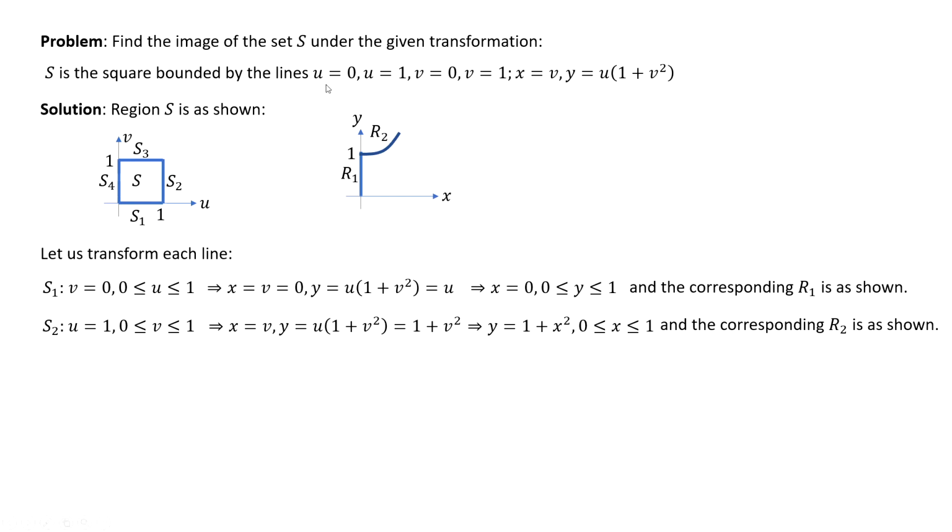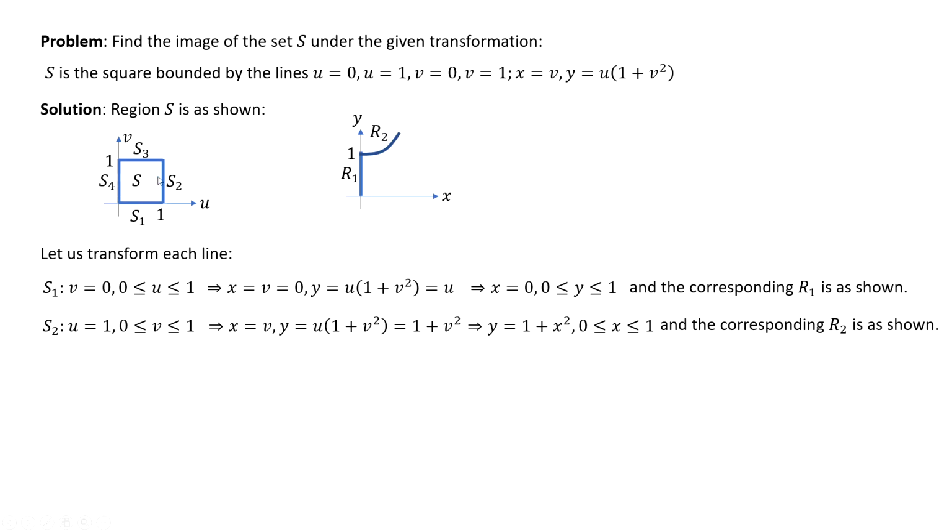Cool. How far up does it go? Well, maximum value of x here is 1. So 1 plus 1 square is 2. Oh, so that point has a coordinate of 1, 2. x equals 1, y equals 2. Cool. So what happened?